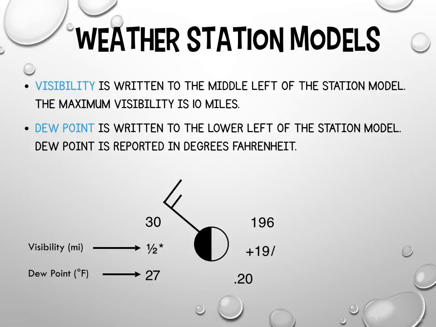Visibility and dew point. Visibility is written in the middle left of our station model. The maximum visibility is 10 miles. You can't go over 10 miles of visibility. You can't have 20, you can't have 50, but you can have less than 10. And our dew point is written in degrees Fahrenheit underneath that.